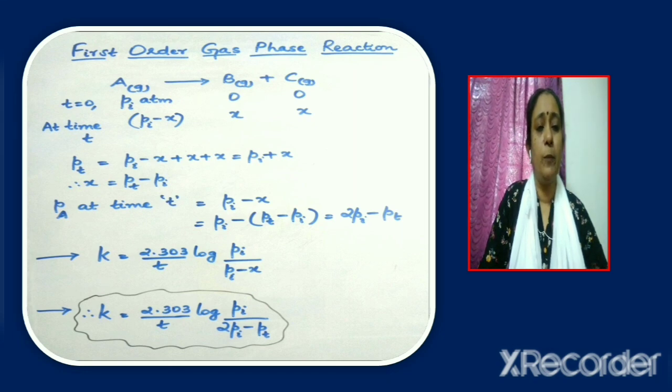So we have the term log Pi by, and what is the pressure of A at time t? Pi minus X. So that is why the rate constant K is written as K is equal to 2.303 by t log Pi by Pi minus X. But what is Pi minus X equal to? 2 Pi minus Pt. Thus we get the rate constant K as equal to 2.303 by t log Pi by 2 Pi minus Pt. Pt is the total pressure.